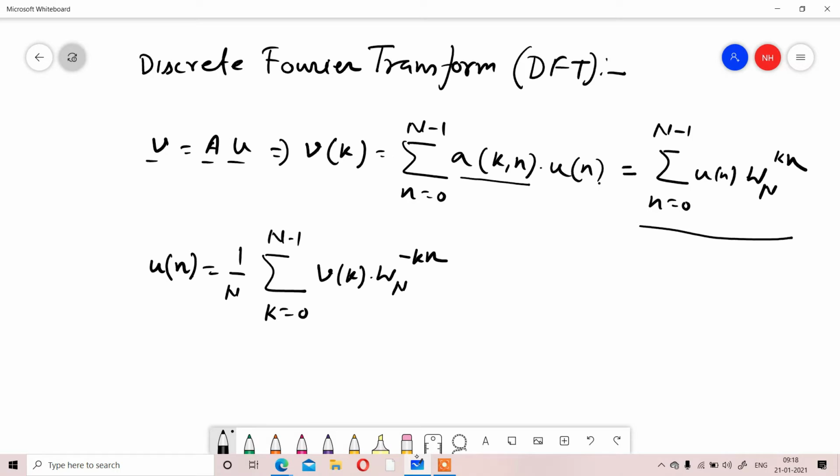Okay, these are the two expressions that we have got. And why are we getting minus of K n? Because we are taking the A star, or simply the complement of K n. So if we calculate the complement of K n, we will get minus of K n. So that's why we are taking minus of K n, and 1 by N is the extra term that comes when you calculate the U n. Okay, so these are the two expressions to calculate V k and U n.